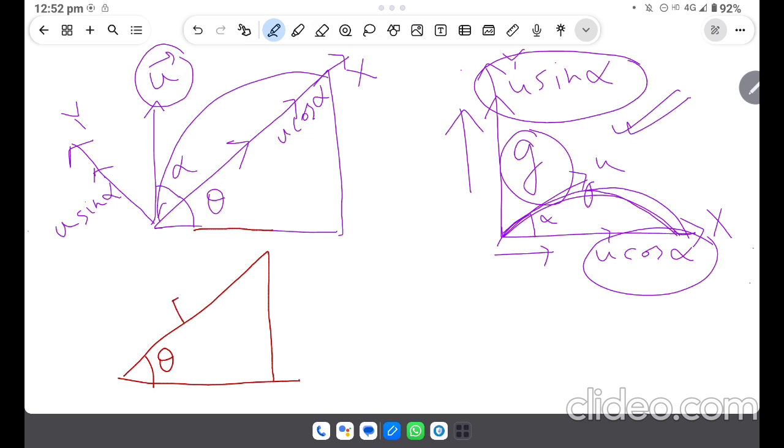Suppose we have placed an object of mass m on the inclined plane, right? Now first we look at which forces are being applied on this object. First of all, the weight of the object will be in the downward direction, that is mg, right?